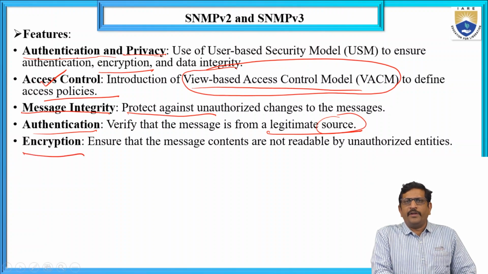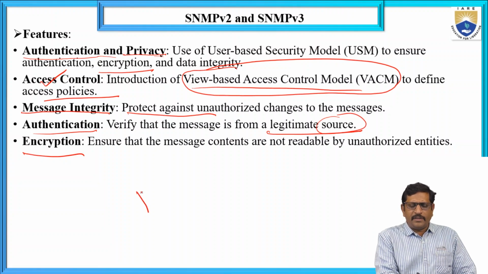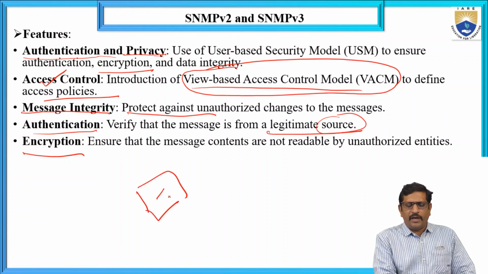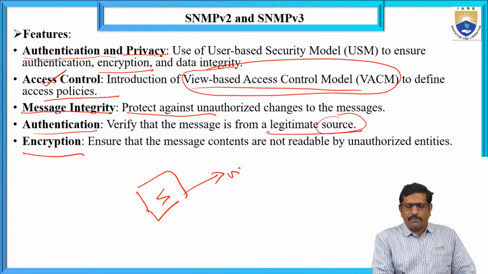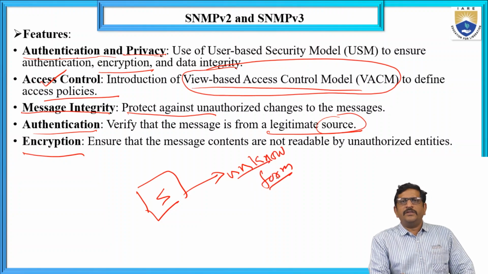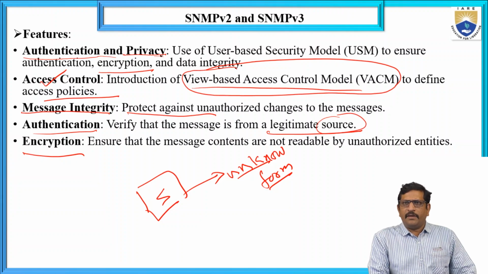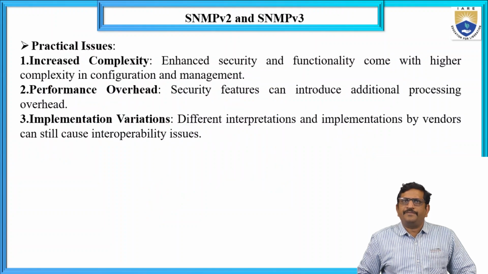With the help of this mechanism, the source data we are transmitting is converted into an unknown form. Converting into unknown form is called encryption. That ensures the message contents are not readable by unauthorized entities. So this is encryption.